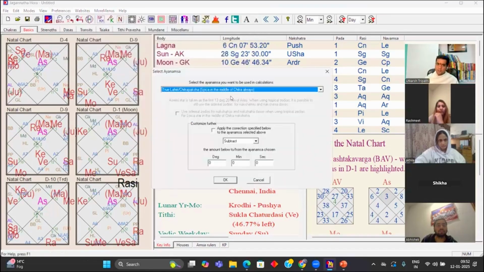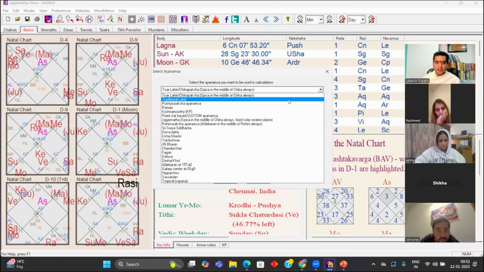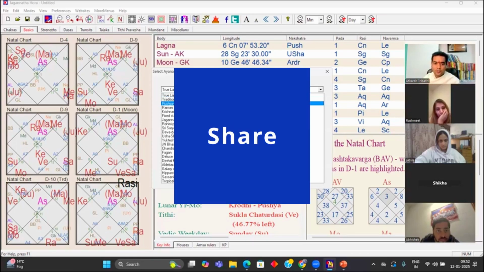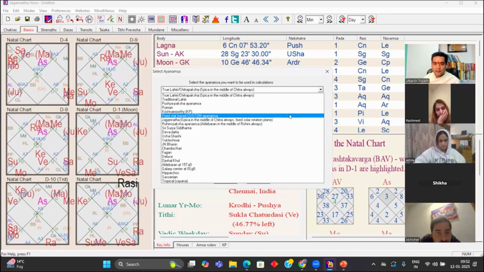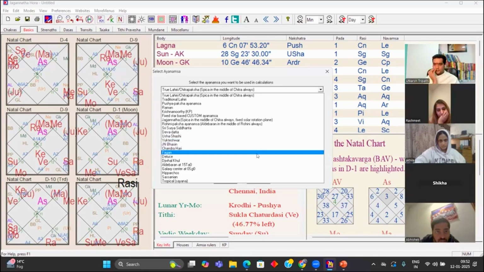If I click on Ayanamsha, this box will open up, and in this box you will see how many Ayanamshas there are: Traditional Lahiri, Chitrapaksha, Raman, Krishnamurti, fixed star based custom Ayanamsha, Jagannath Spica, or middle of the Chitra, fixed solar rotation, Surya Siddhanta Ayanamsha, all like this.